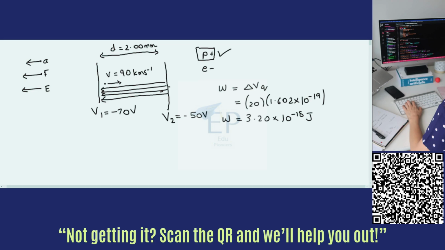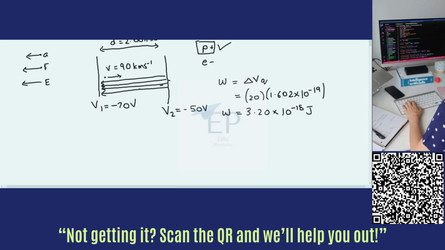So this much work has been done on the proton in the opposite direction. Now, since the work has been done in the opposite direction of the direction of travel, it's actually decreasing its kinetic energy. Now let's find the initial kinetic energy first. So the initial kinetic energy, KEI, was given by 1/2 times the mass of the proton times the velocity squared.